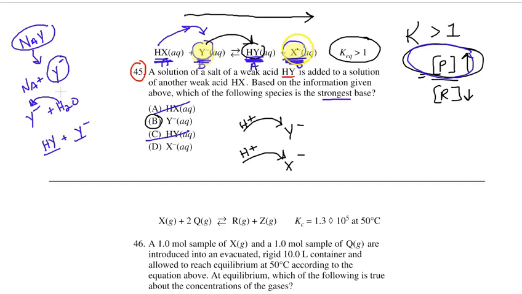If X negative was a stronger base, it would pull H's from, let's say, HY or water and reform HX, and there would be fewer products, and fewer products would mean K is less than 1, and we would be going the opposite way. So 45 is B.